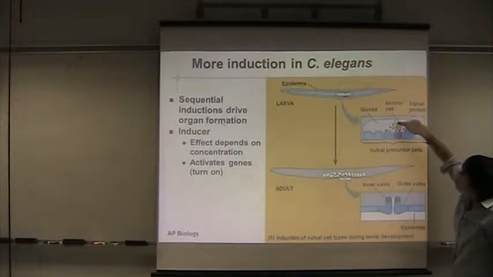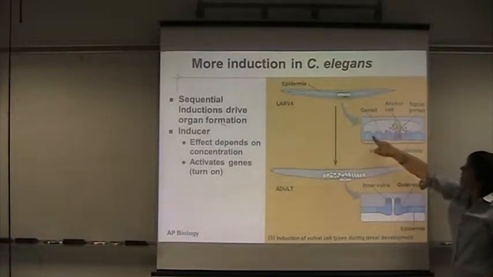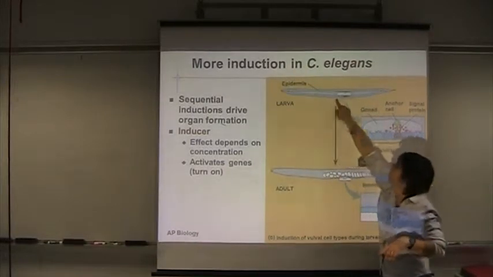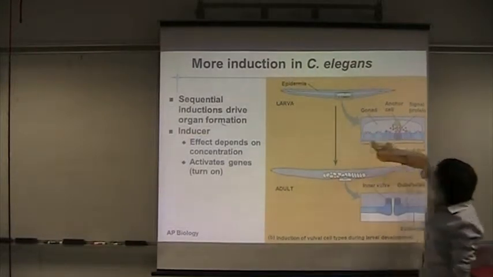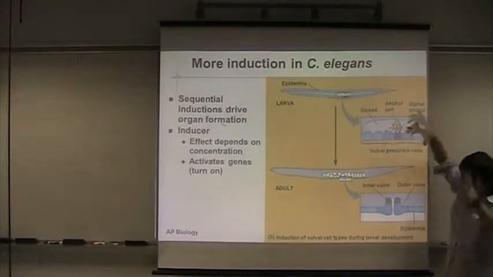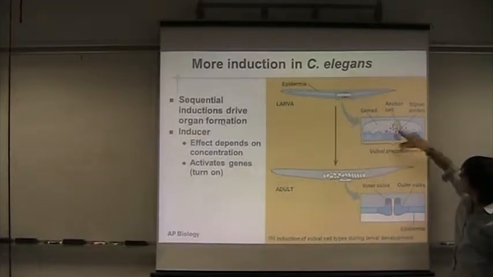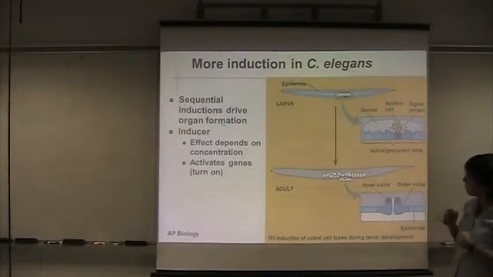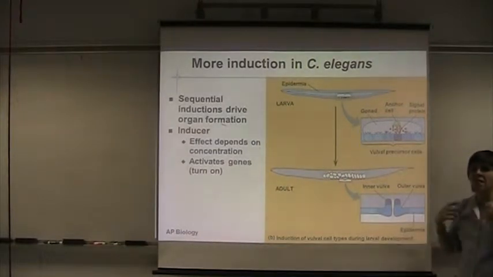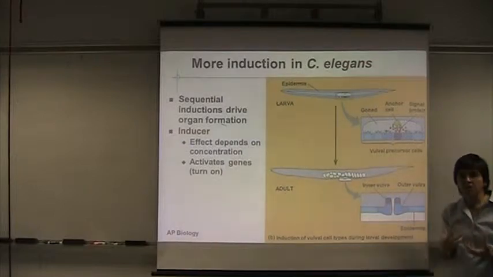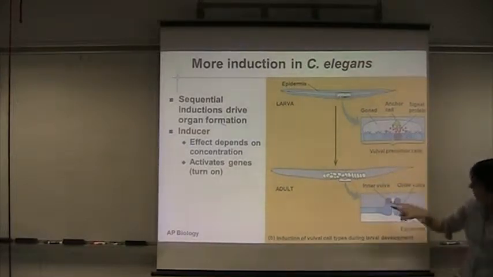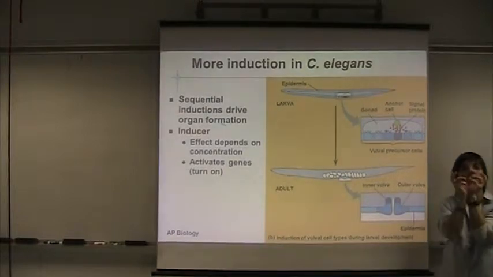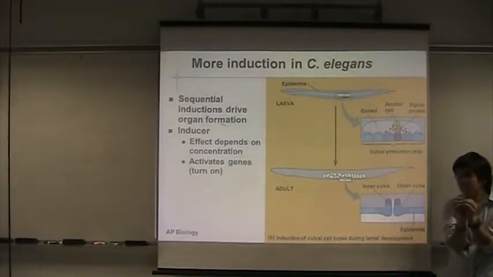Now, guess what? The cells here in the cuticle, basically the skin of the larval stage, the cells that are closer and get the most signals, are going to get a signal that modifies them, and these cells are going to become what's called the vulva, or the opening of the body.